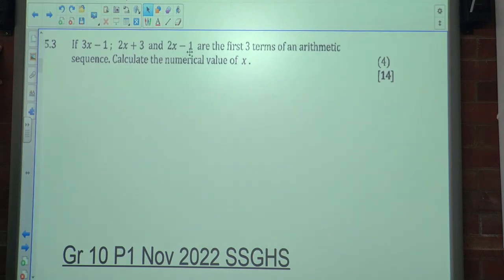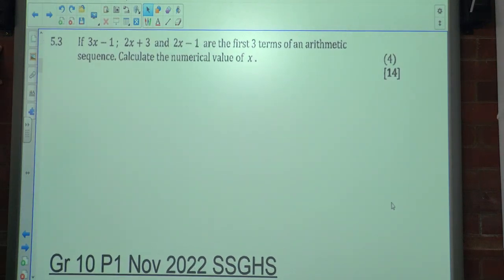People, in 5.3 we are told 3x minus 1, 2x plus 3 and 2x minus 1 are the first 3 terms of an arithmetic sequence. So what is exclusive to an arithmetic sequence? What do we only find in an arithmetic sequence?